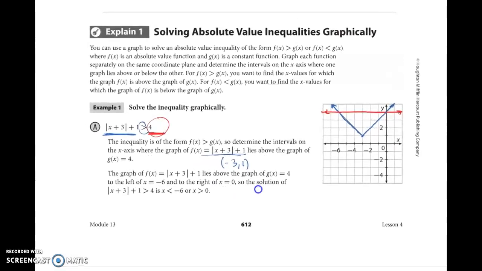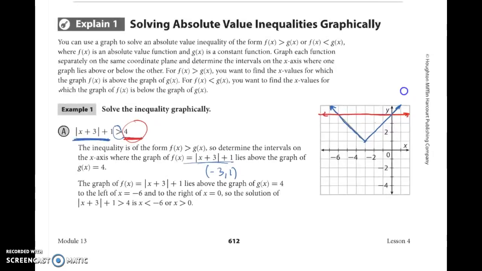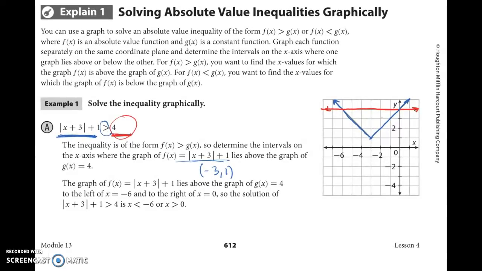And we're going back to the original where it says, where is the absolute value, where's the blue, if you will, greater than 4? So looking at these points of intersection, here and here, we're not just looking for where they intersect, but we're looking for where the blue is above or greater than.